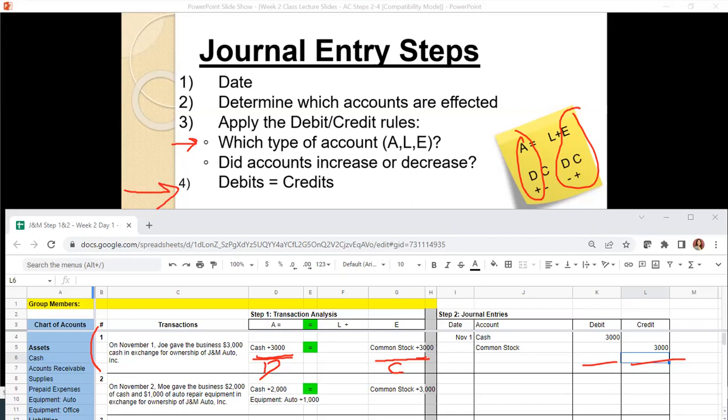Now you notice here, I'm not putting in an explanation. In real life, yes, you're going to put an explanation explaining what happened. Joe put $3,000 into the business in exchange for ownership, but I already know you know how to say that. That would just kind of be repeating what you have here. What I want to know is, can you do this part? Can you do the journal entry?